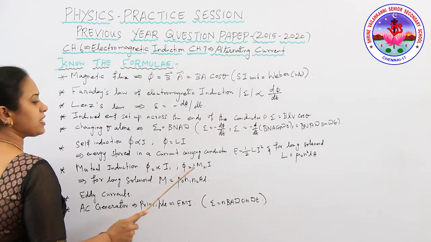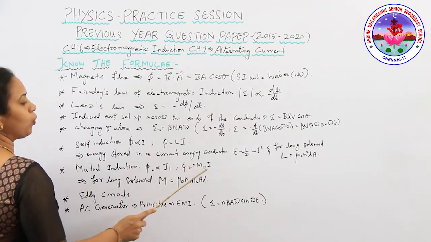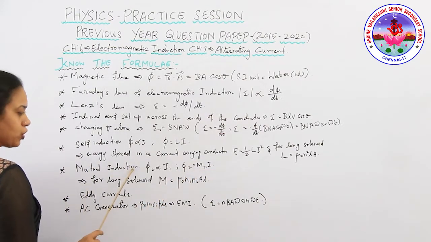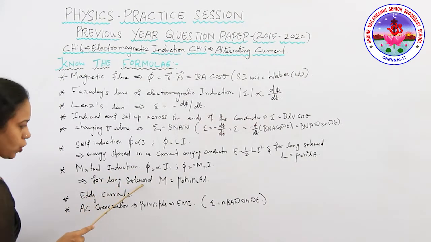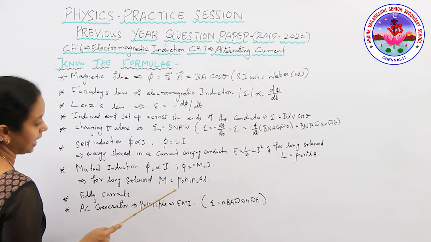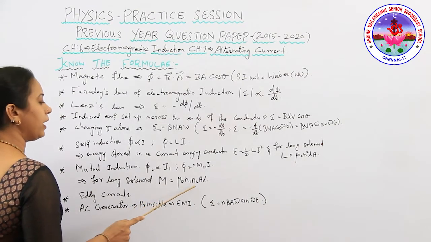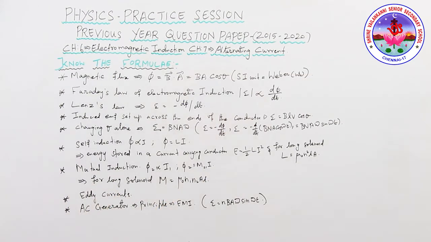So phi 2 is equal to M21 I1. This M21 is the proportionality constant of mutual inductance. And for a long solenoid, for the mutual induction, M is equal to, the derivation's final answer says, mu naught N1 N2 Al.